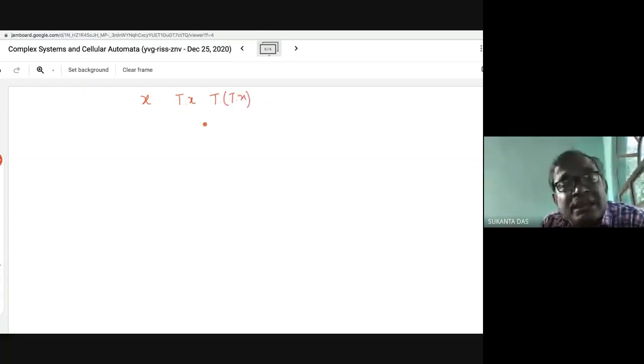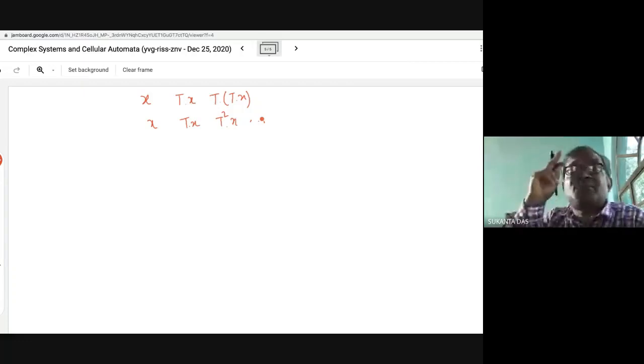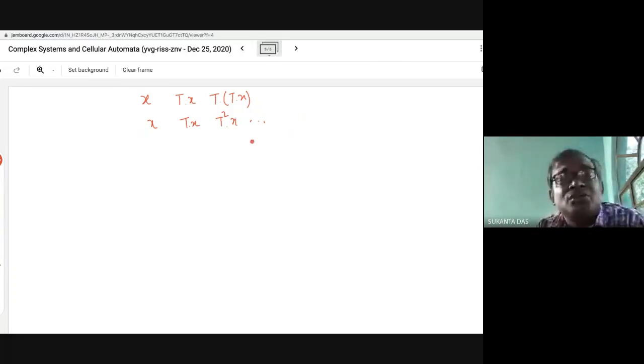So X is the first configuration, then TX is my next configuration, then T square X is my next configuration, and so on. Since it is reversible, and since my CA is finite, after some time I'll come back to this X. So suppose T to the power k minus 1 into X is a configuration, but after that T to the power k into X is actually X. That I've said, here k is a natural number greater than or equal to 1. That you understand.